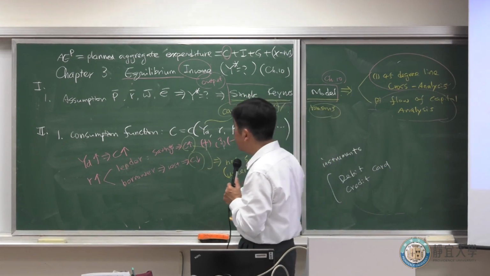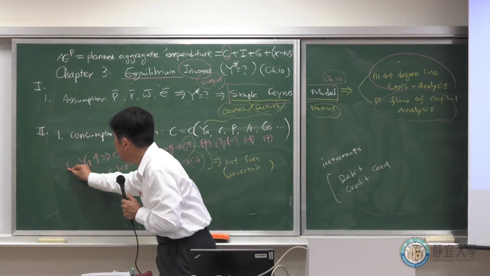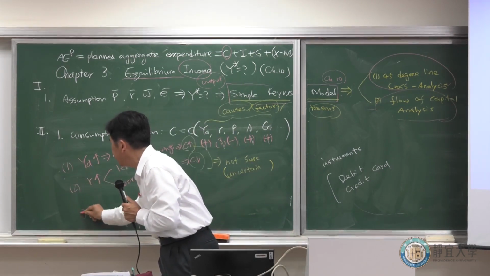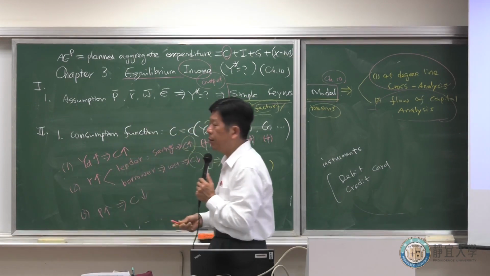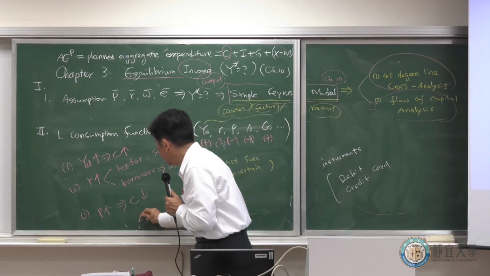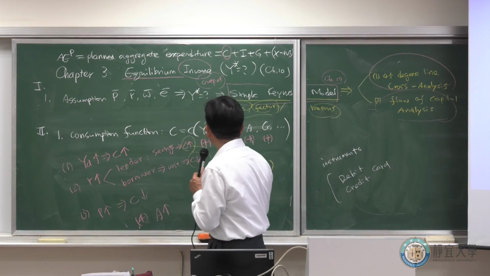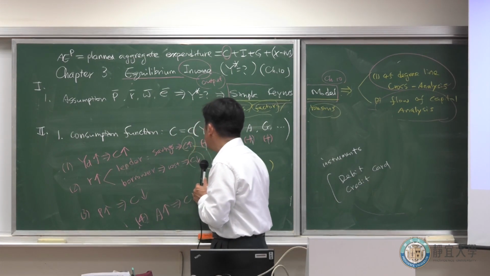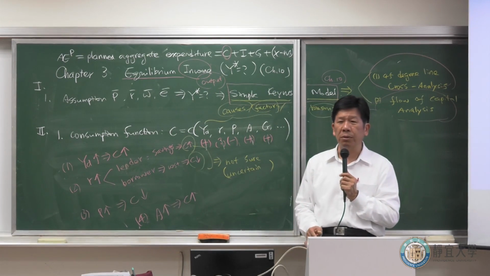And the third one, when the price increases, the consumption decreases. And the fourth, you can see your assets increase, and after that you become rich, so you have more ability to do more consumption.